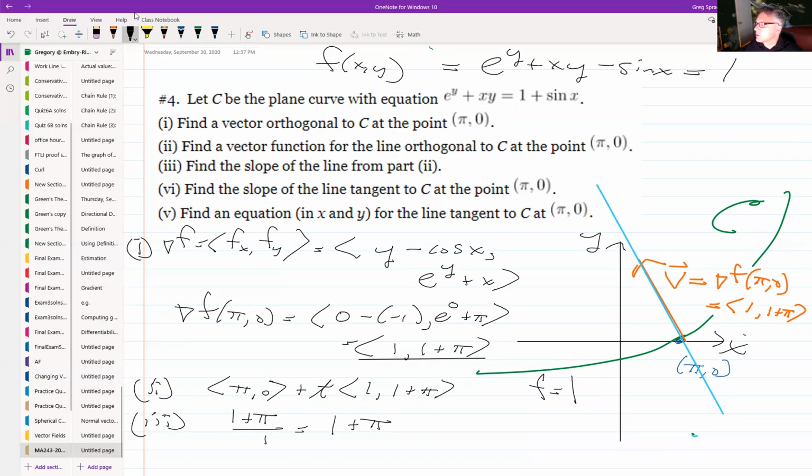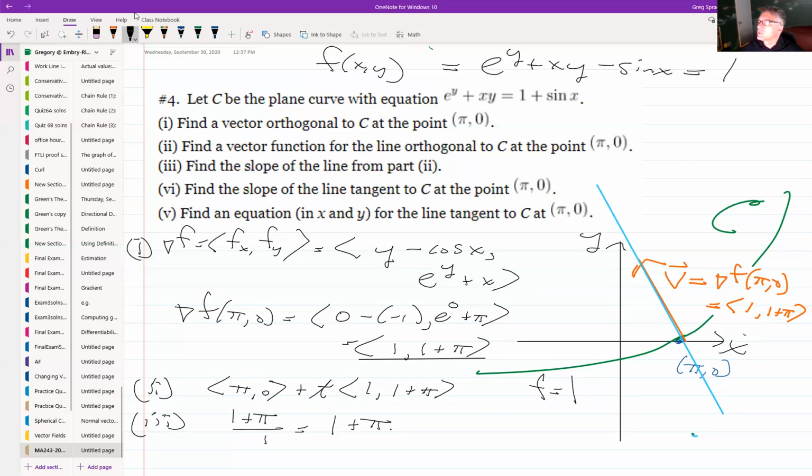So that's the answer to the third part. And after I'm done, I'm going to pause and then redraw the diagram, because it's misleading.